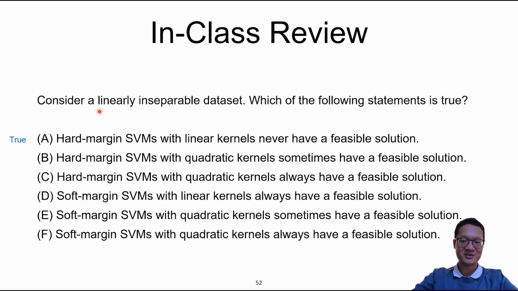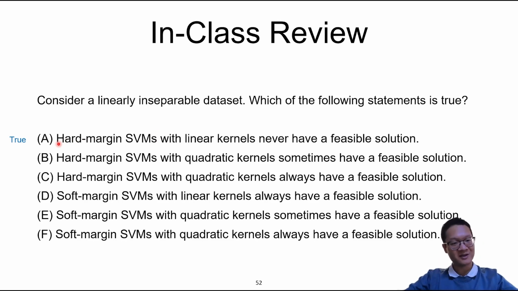The constraints are just saying that the data points from one class must all lie on one side of the hyperplane, whereas the data points from the other class must lie on the other side, right? We're given that this is impossible, so that's why the first one, A, is true.